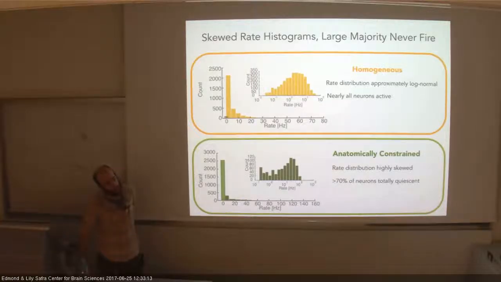Similarly here, the probability of crossing the threshold is exponential in minus the distance, and this distance is determined by the average number of inputs.